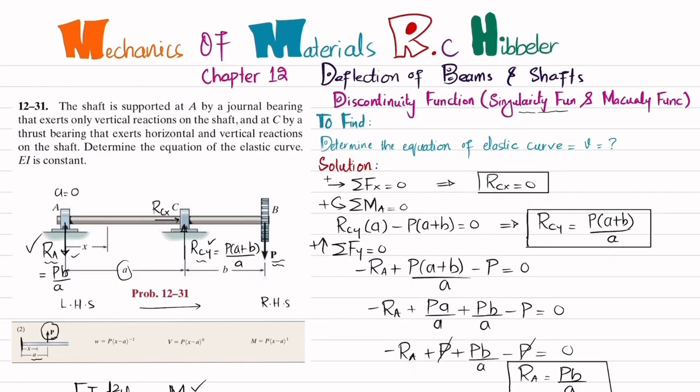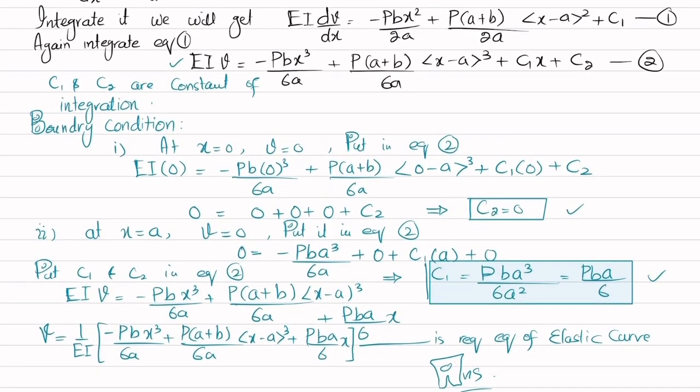Now at x is equal to a, we have already discussed that deflection is 0. So put x is equal to a. So this will be a cube. This term will be 0 because the bracket in the Macaulay bracket will be 0. And this will also be a. So you can see plus P, here we will get plus Pb a square over 6, and here we have Pb a cube over 6a.